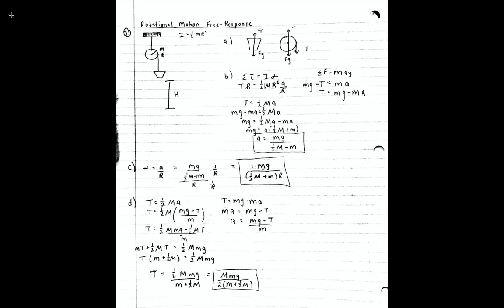In part B, we need an expression for a in terms of constants. So we have to use the rotational equivalent of Newton's second law and the translational or linear equivalent of Newton's second law. There's only one tension here.